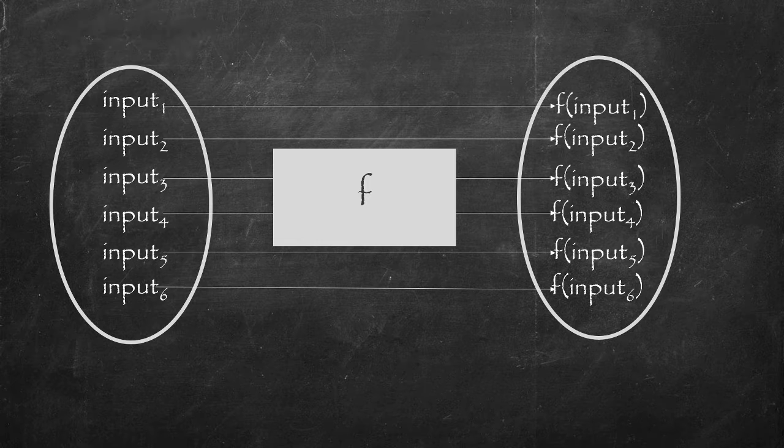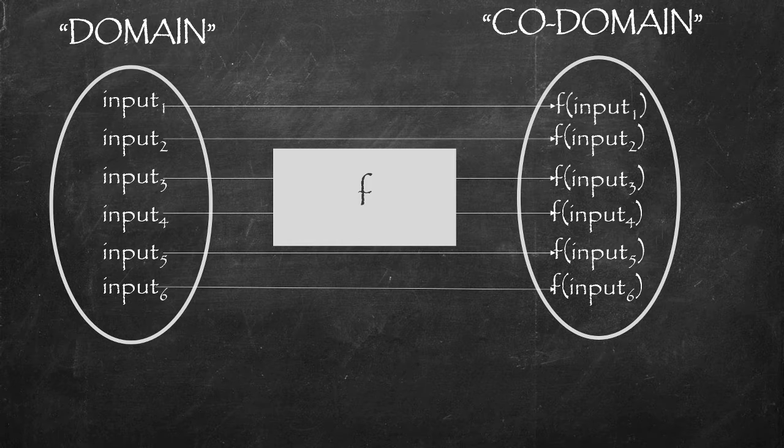Okay, so what you have here on the left in this eggy ellipse kind of thing is the set of possible inputs to this function, right? That actually has a technical name in maths that's called a domain. So the domain is essentially where you source your inputs from. It's a set from which all your inputs come from. And the counterpart in the output is called the codomain.